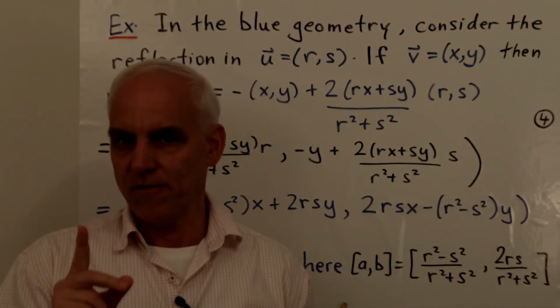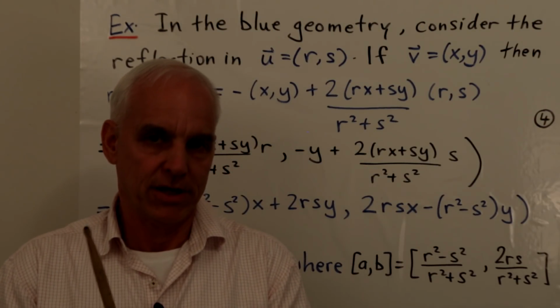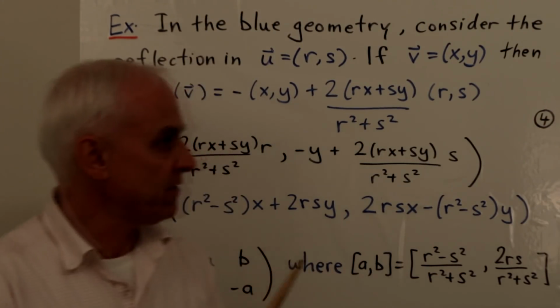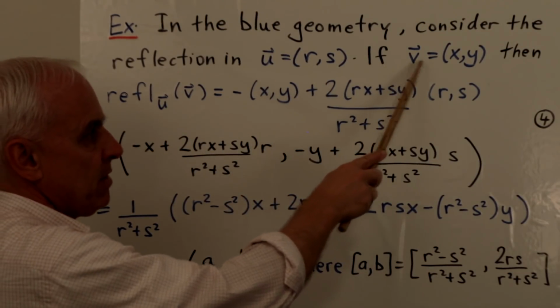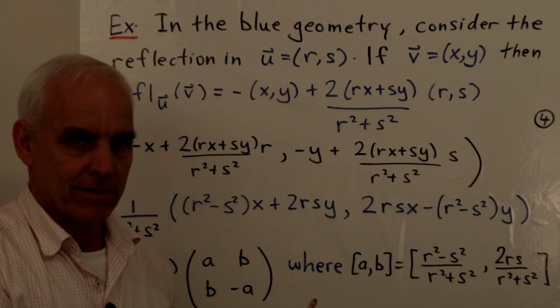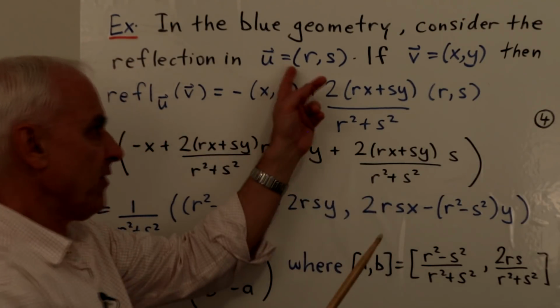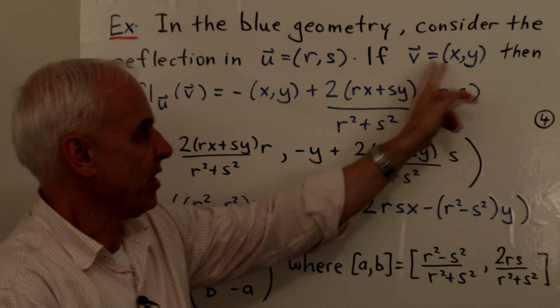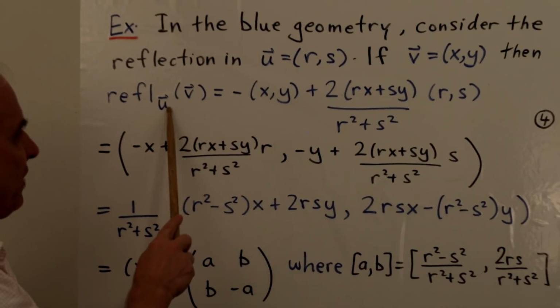So now let's take that formula and look to see what it looks like in the blue geometry, the Euclidean geometry. So we're going to be specific. We're going to let u be the vector rs and v be the vector xy. So we're interested in the reflection of v in u. So we think of this as being fixed, and this one here is sort of variable. All right, so the formula is the reflection of v in u.